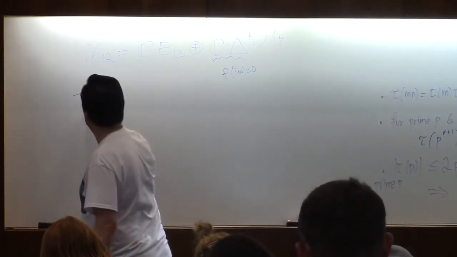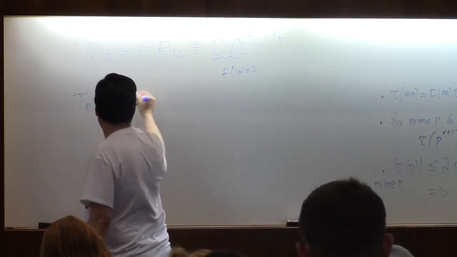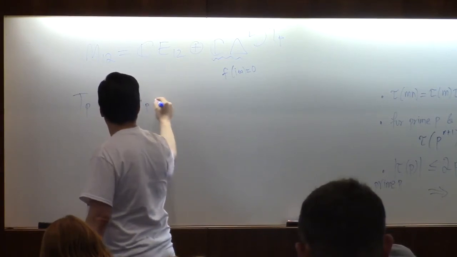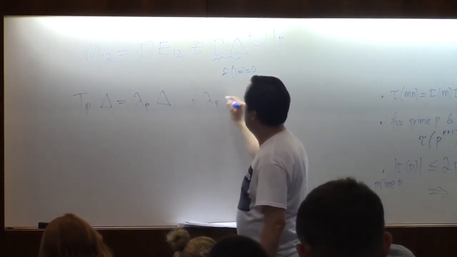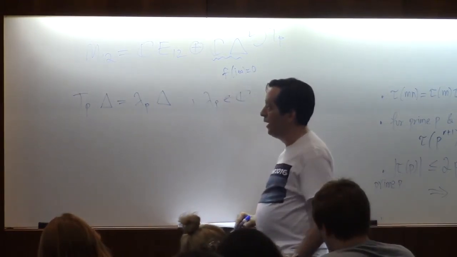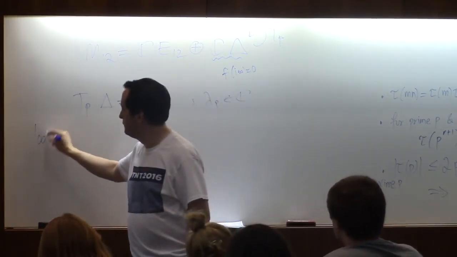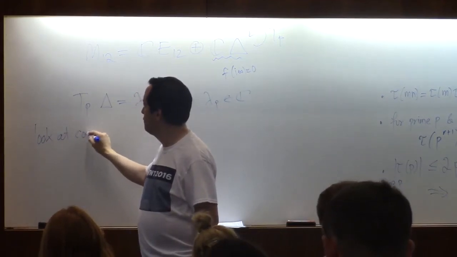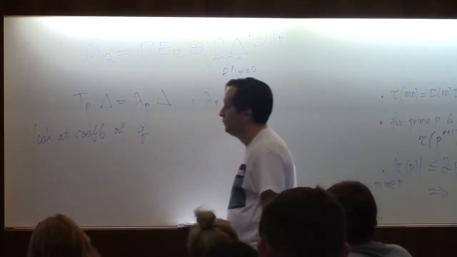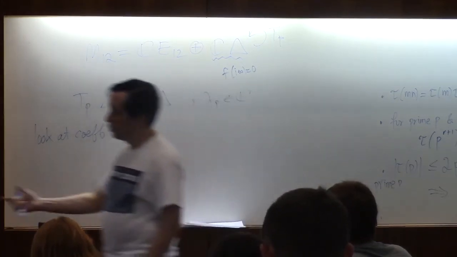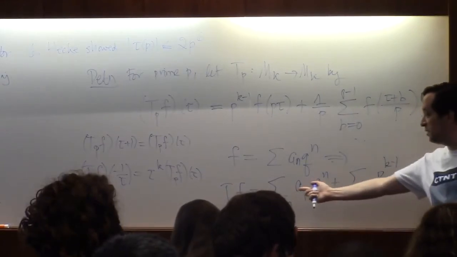So we get, it's a one-dimensional space, so T_p delta has to be a scalar multiple of delta, for some complex number lambda_p. Well, look at the coefficient of q. What's the coefficient of q in T_p f?